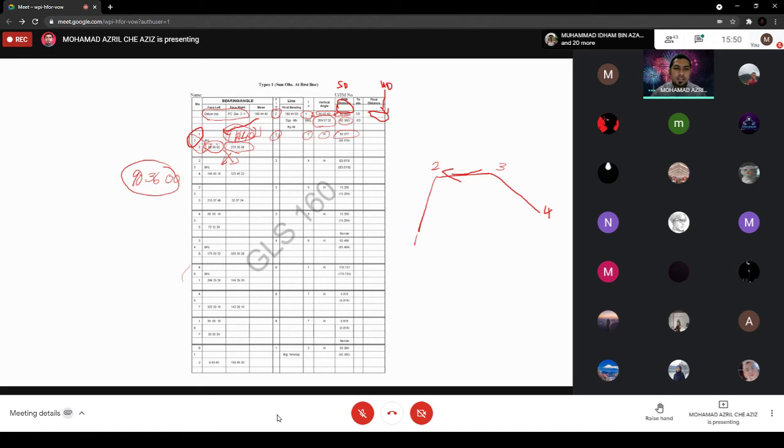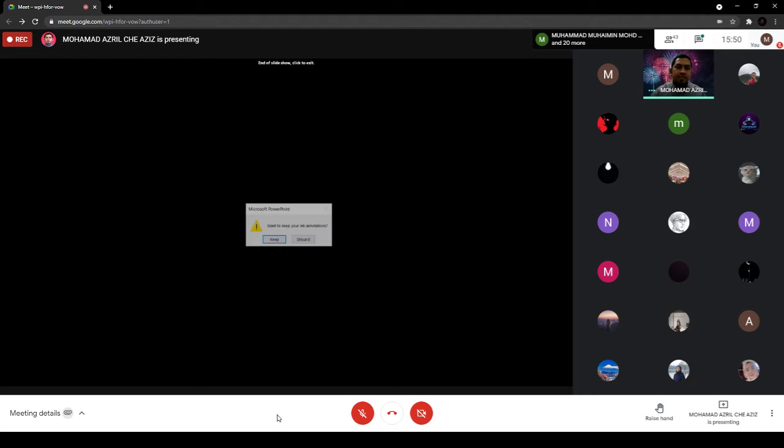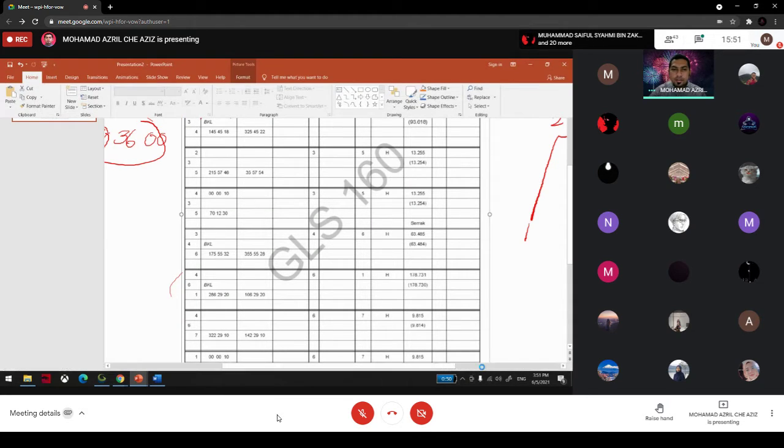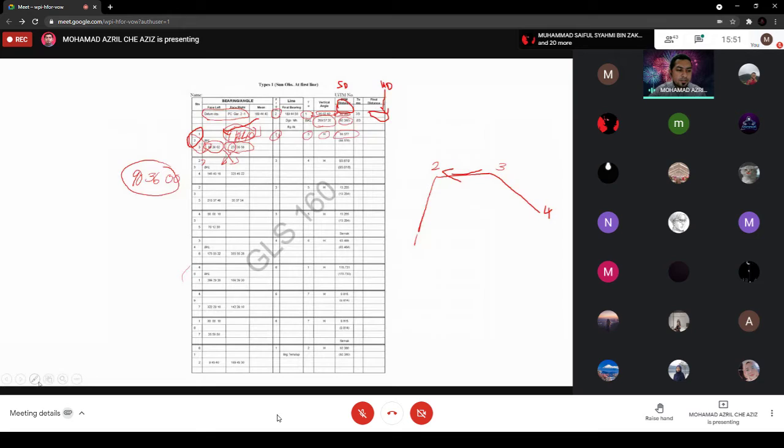You cross the degree. So in this example, this one 270, and this one 90 degrees. Then the minute and second you take from the mean here. The mean here is 36 and 00, so you put 36 and 00.